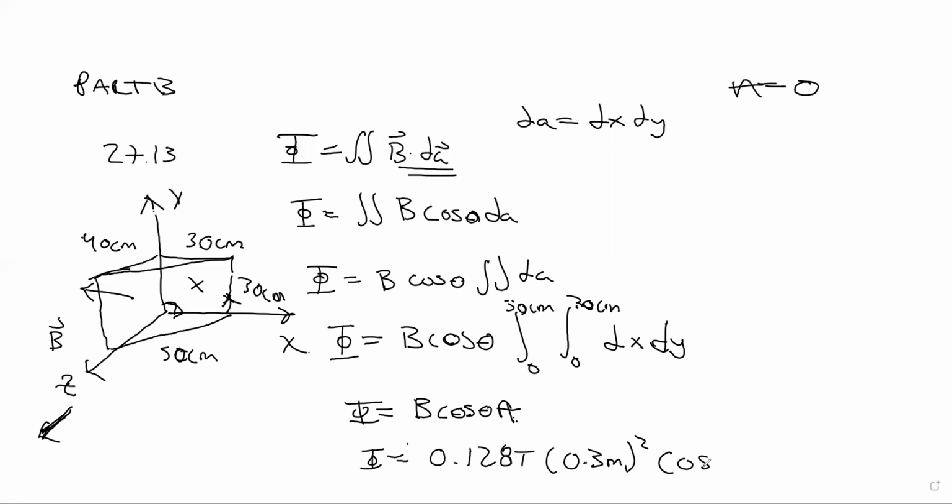Now, where's my area vector in the surface BECF pointing? Between the X and Z. No, it's pointing in the Z direction, negative Z in this case. If we're looking at this side right here, this is the symbol for I. We're looking at a square, right?